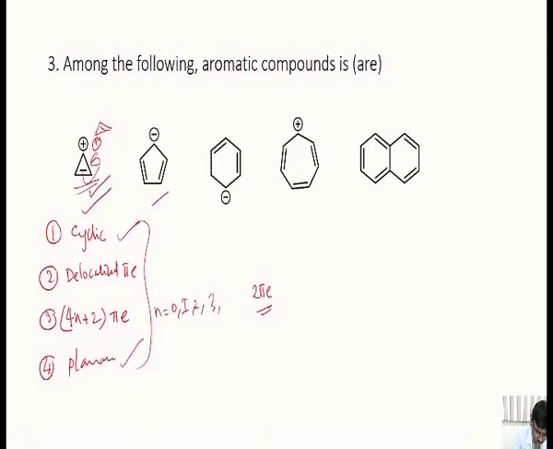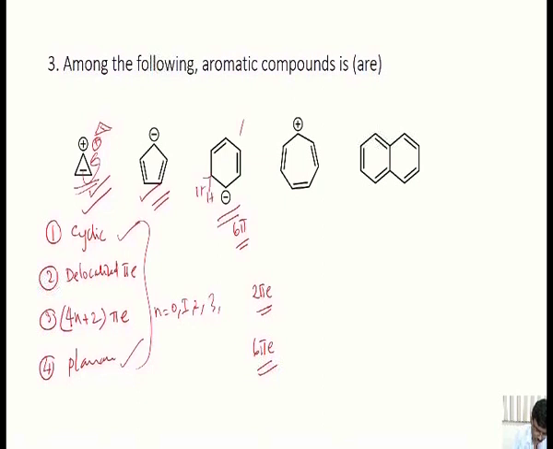Now let us look at this one, cyclopentadienyl anion, which has 6 pi electrons. This also has delocalized pi electrons, therefore this is also aromatic. When you look at this compound, it has 6 pi electrons, however it doesn't have delocalized pi electrons since you have the CH2 here.